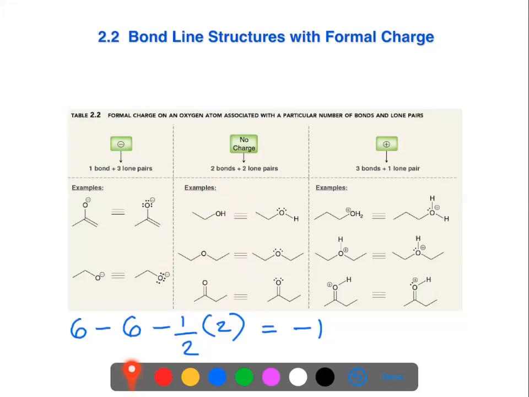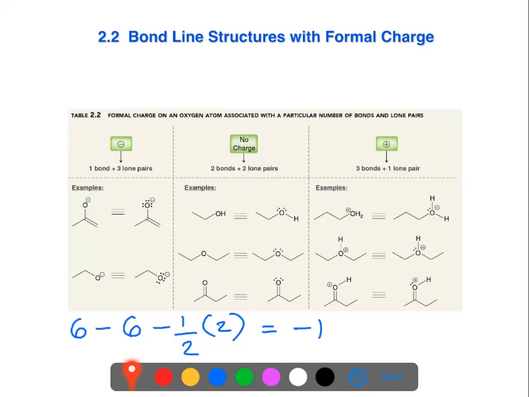Now, in situations where oxygen forms 3 bonds to its nearest neighbors and 1 lone pair associated with that oxygen center, in those situations, we'll have a formal charge of +1 associated with that oxygen center.